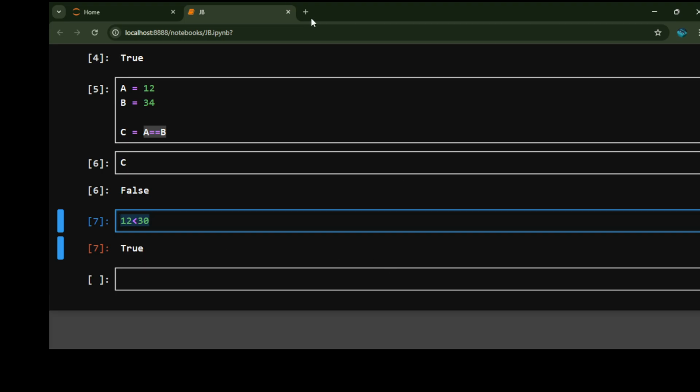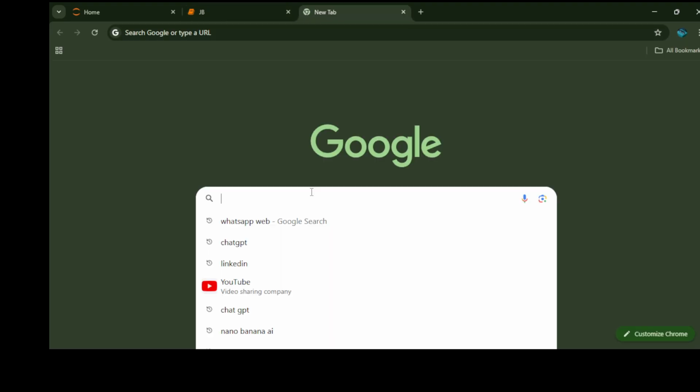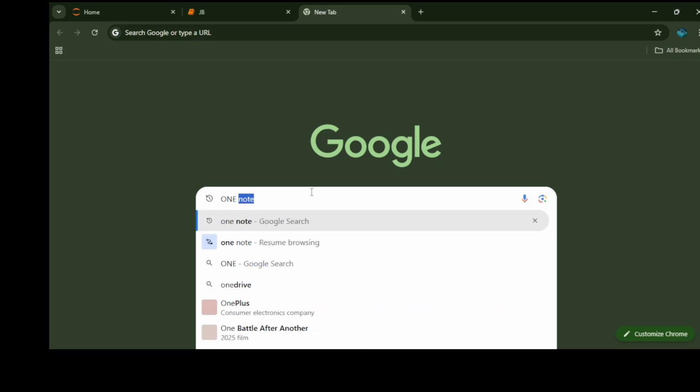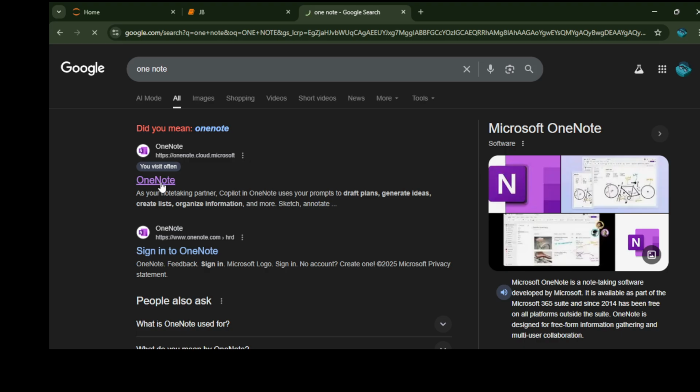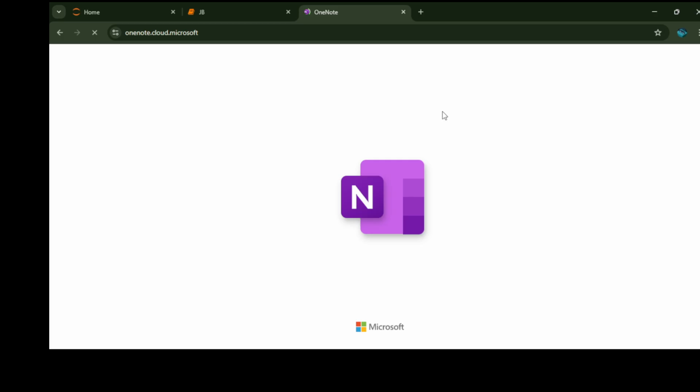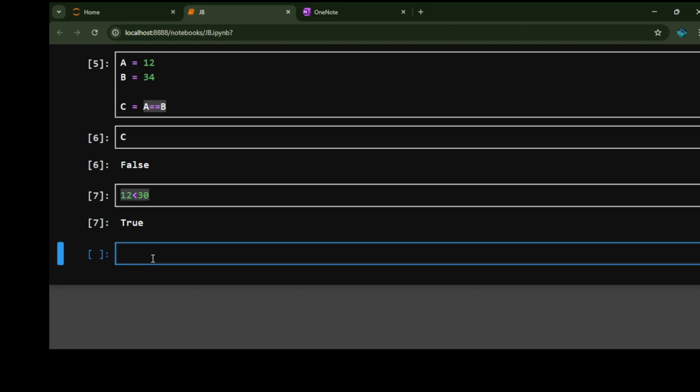Let us check the opposite, which will give us false.